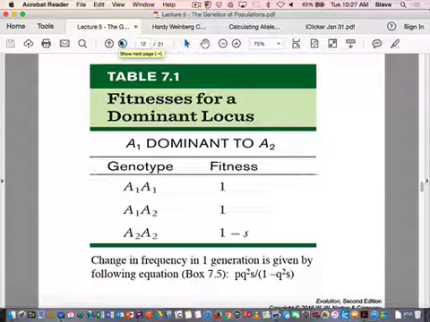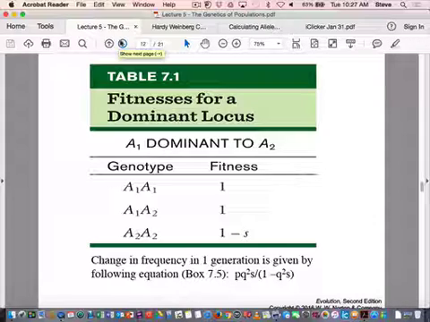So there are different ways we can measure fitness, and we'll be talking about a lot of them, but always remember that fitness is always a relative term, okay? And in this particular case, what we're saying is this homozygote and this heterozygote have equivalent fitness. And so in some sense, A1 is dominant to A2, okay? This is what we call dominant selection.